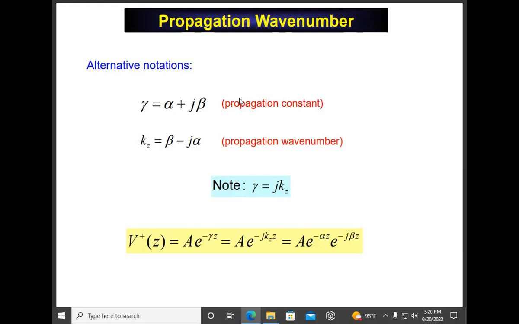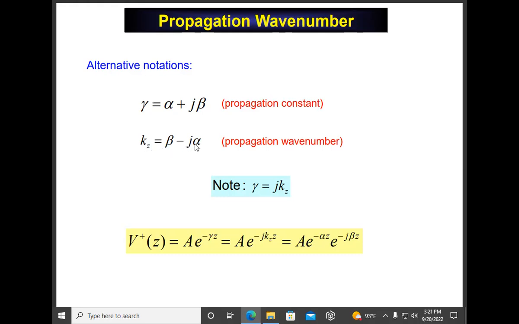So gamma, remember, is called the propagation constant. And we know how to calculate it: the square root of (R plus j omega L) times (G plus j omega C). It's a complex number, with an attenuation constant and a phase constant. Then what's called the propagation wave number is defined, called Kz if the wave is going in the z direction, as it is here.